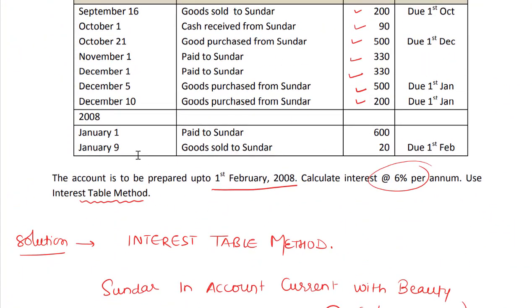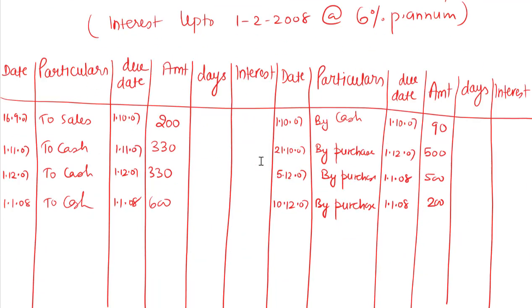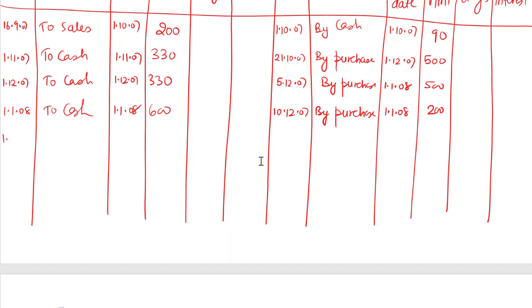Next, January 9, goods sold to Sundar 20. The due date is 1st Feb. 9 January 2008, sales. The due date is 1st Feb, 20.